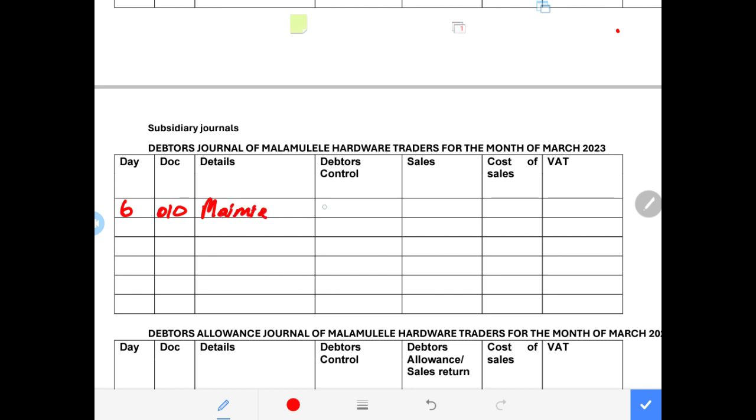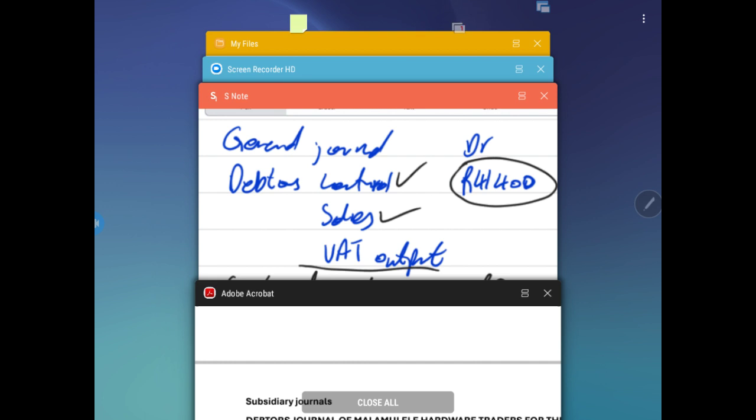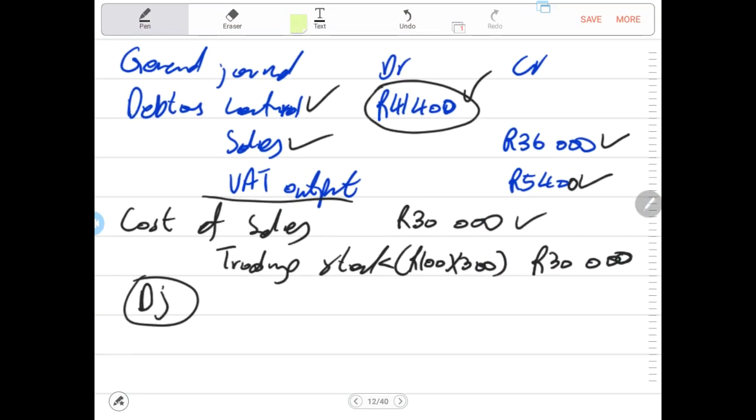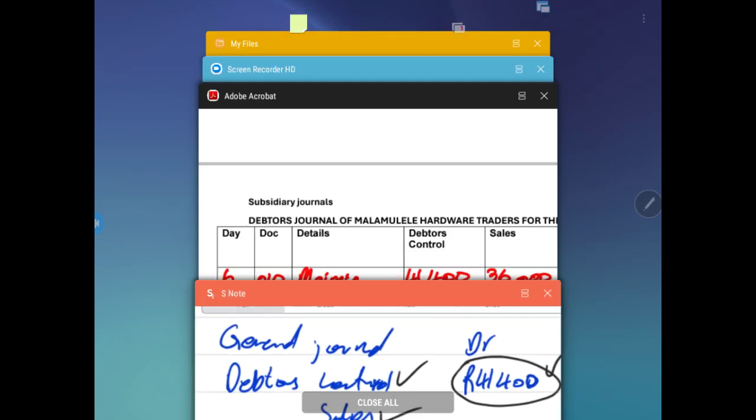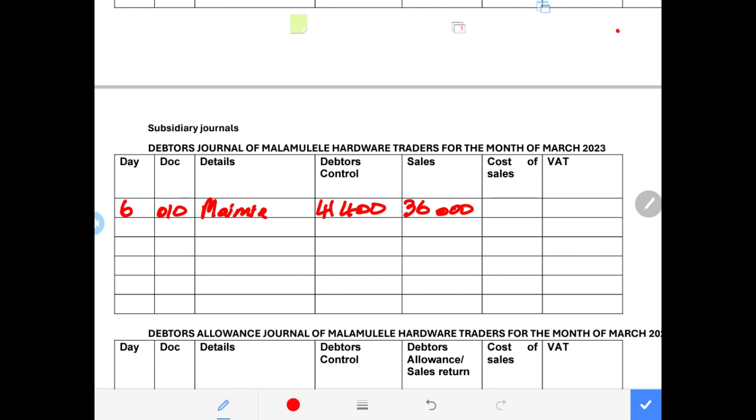How much is our debtor owing us? 41,400. Sales, I still remember to be 36,000 rands. Just verify that. There we recorded it as a column. Sales 36,000, VAT 5,400. So we record everything.